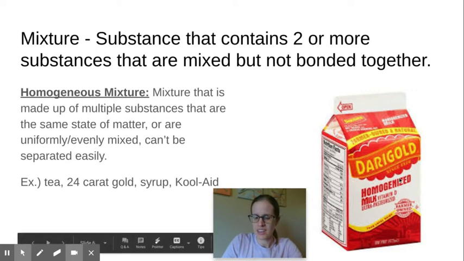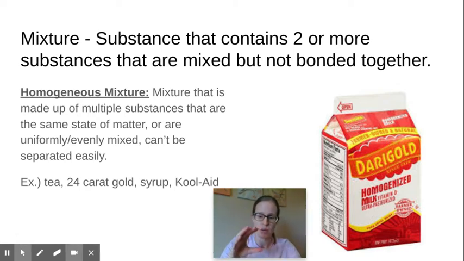If you get unpasteurized milk where it's not homogenized, then you'll see that the fat rises to the surface. That doesn't happen in homogenized milk. It's been mixed and pasteurized so that it stays mixed up. It doesn't separate out into two different layers.